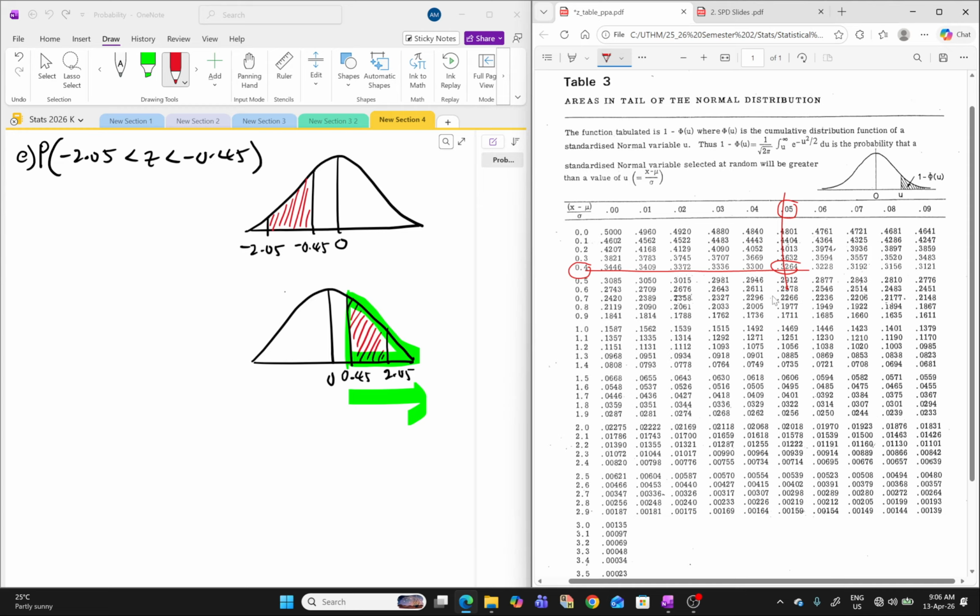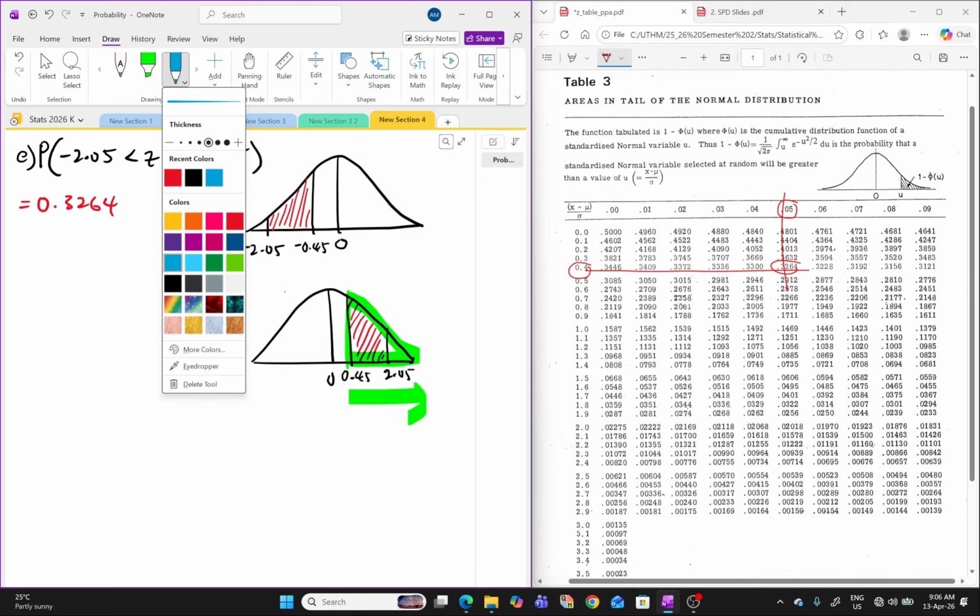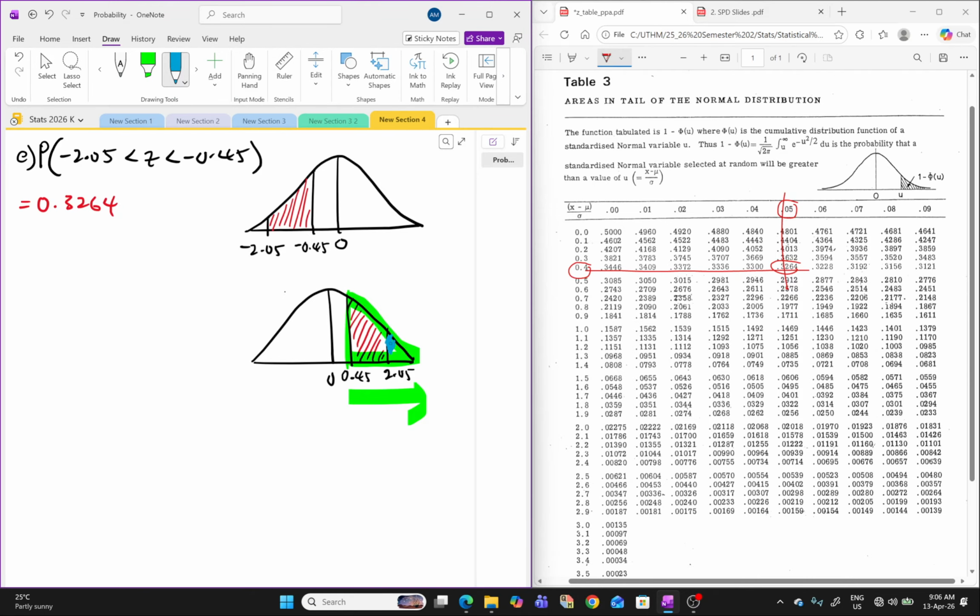Okay, if you take this one, what do you get? 0.3264. Got it? Okay. And then you will minus this part, this blue color, from here onwards.